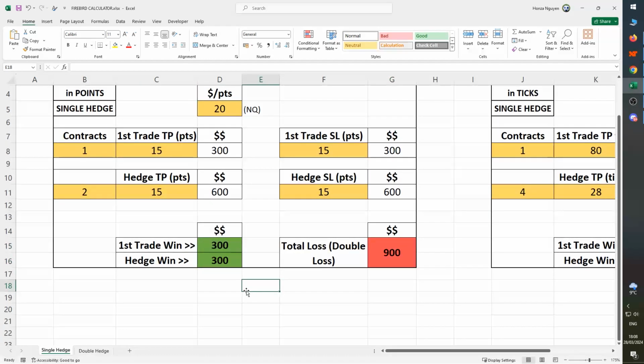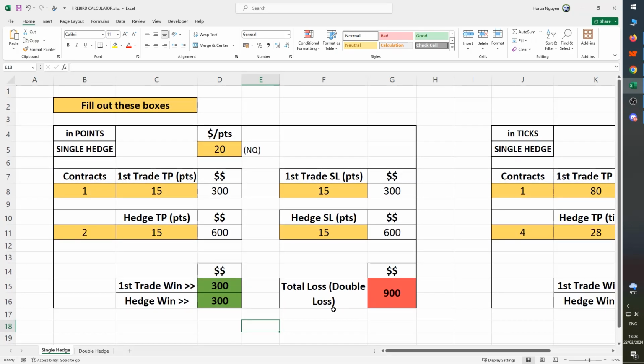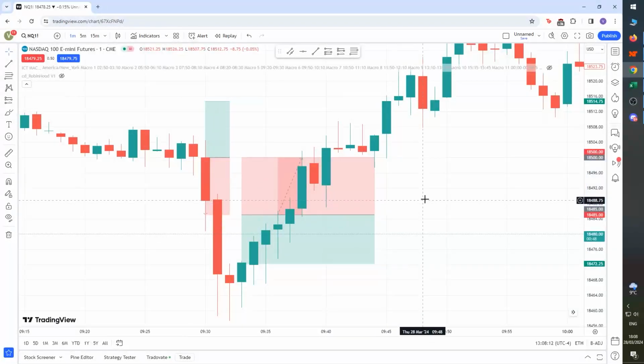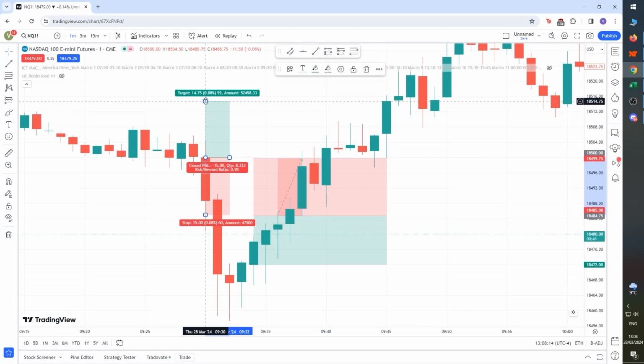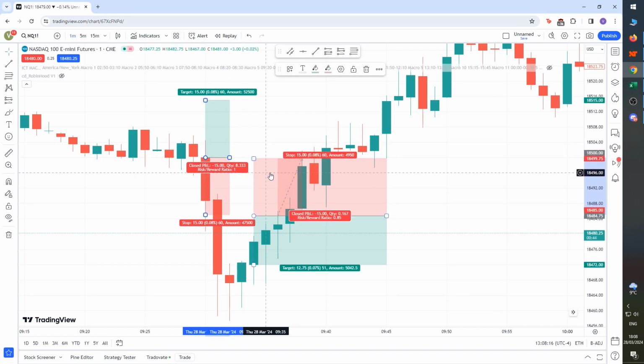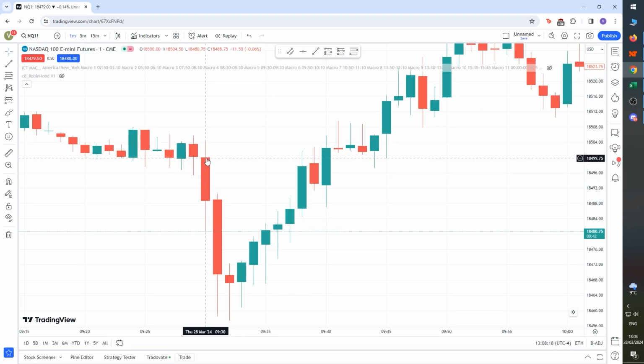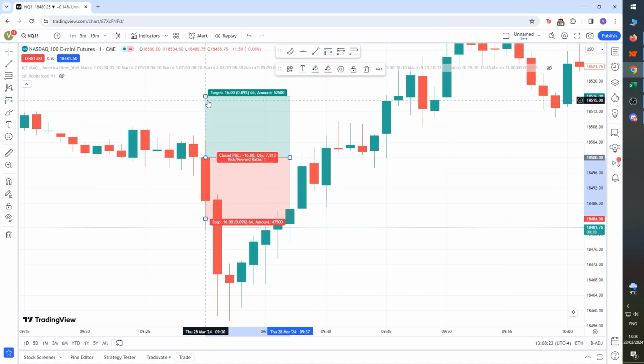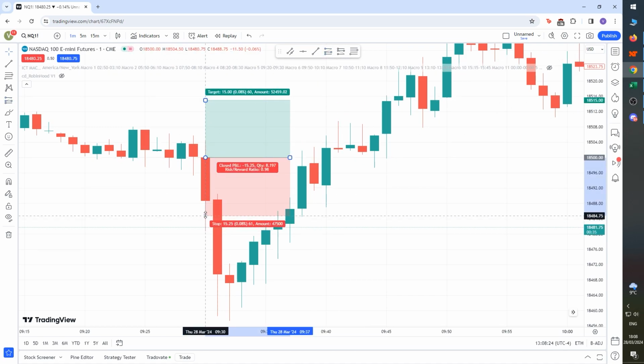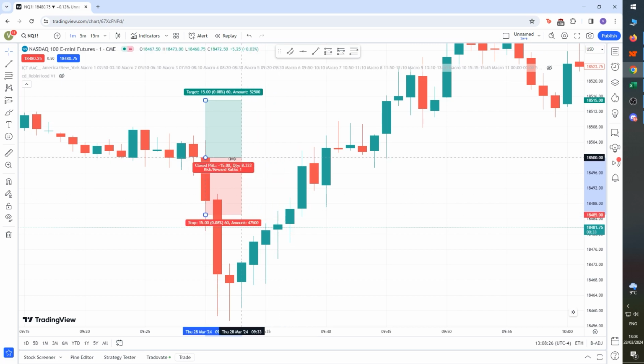So it's a 3-to-1 RR. You lose 900 to gain 300. But with the right win rate, of course, you can make that back. So from here, for example, the candle opens at 9:30. You would have it entered here, 15, 15.